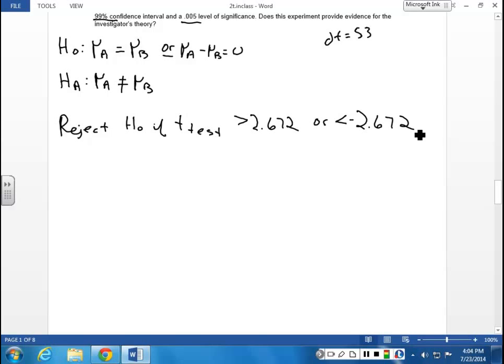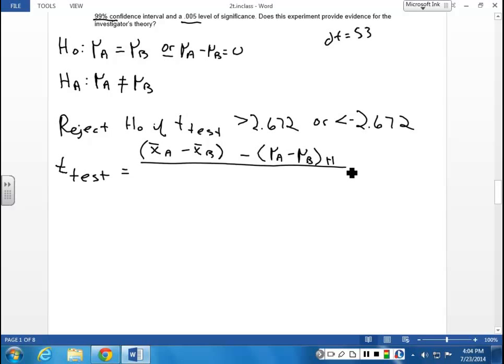And so now we will compute the t-test statistic: x bar A minus x bar B, minus the hypothesized parameter. Hopefully you're getting a little bit tired of hearing me say that, and that you know it now. That's why you're tired of it. You wouldn't think I would need to keep repeating it, but I will.